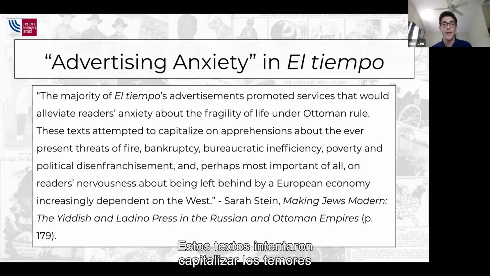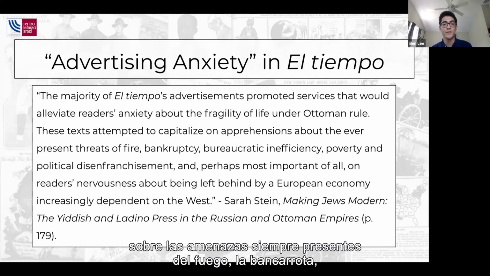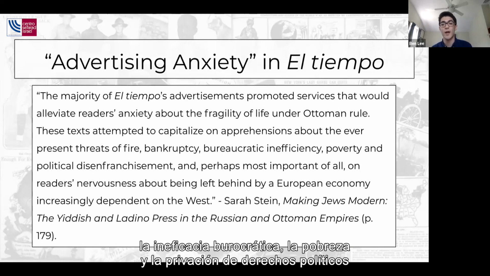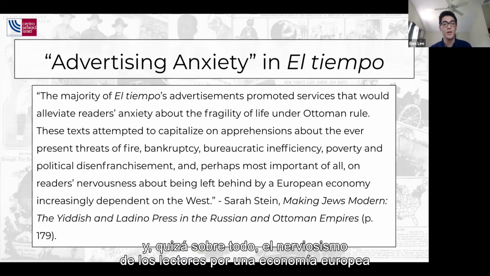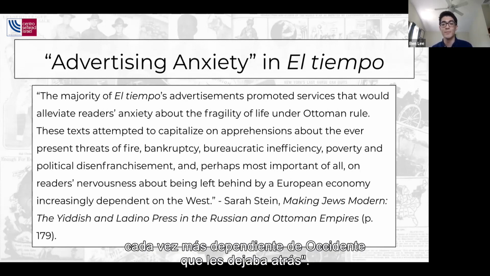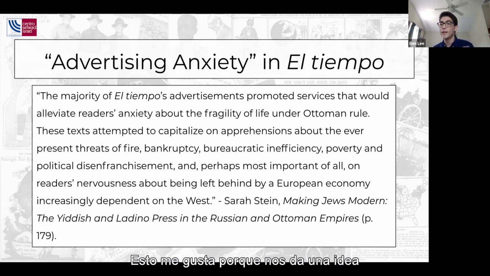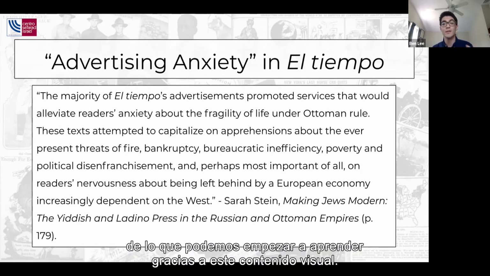These texts attempted to capitalize on apprehensions about the ever-present threats of fire, bankruptcy, bureaucratic inefficiency, poverty, and political disenfranchisement, and perhaps most of all, on readers' nervousness about being left behind by a European economy increasingly dependent on the West." I like this because it gives us a sense of what we can begin to learn through this visual content.